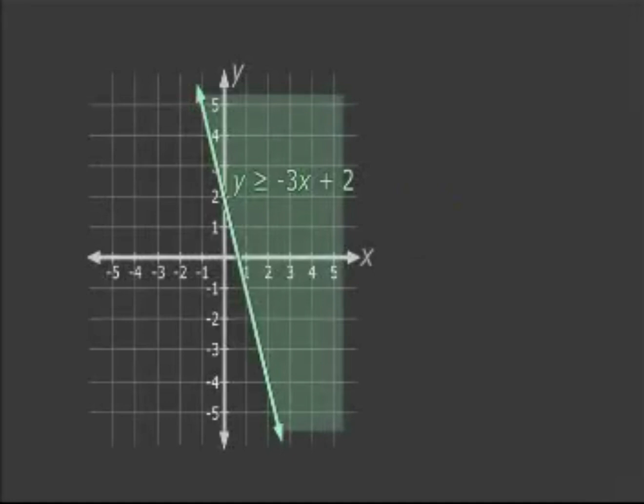The graph of y consists of points on or above the line defined by y equals -3x plus 2. This is obtained by taking a test point and checking that the inequality is true.